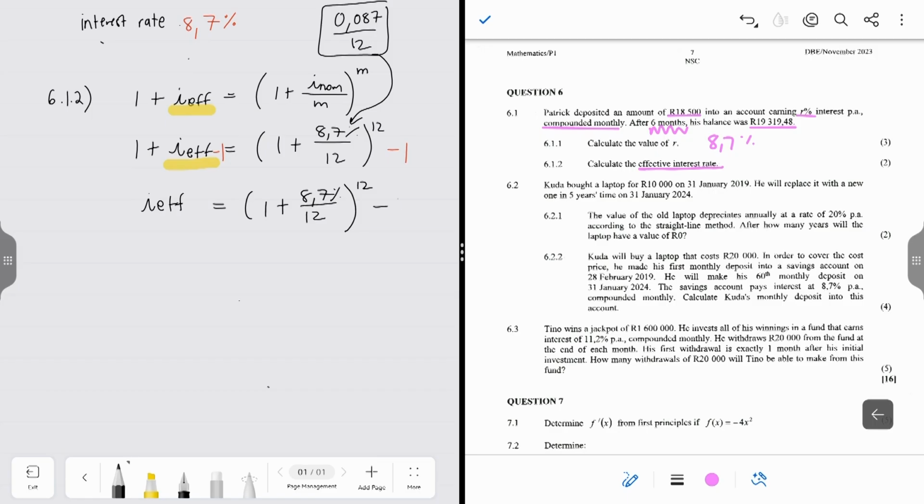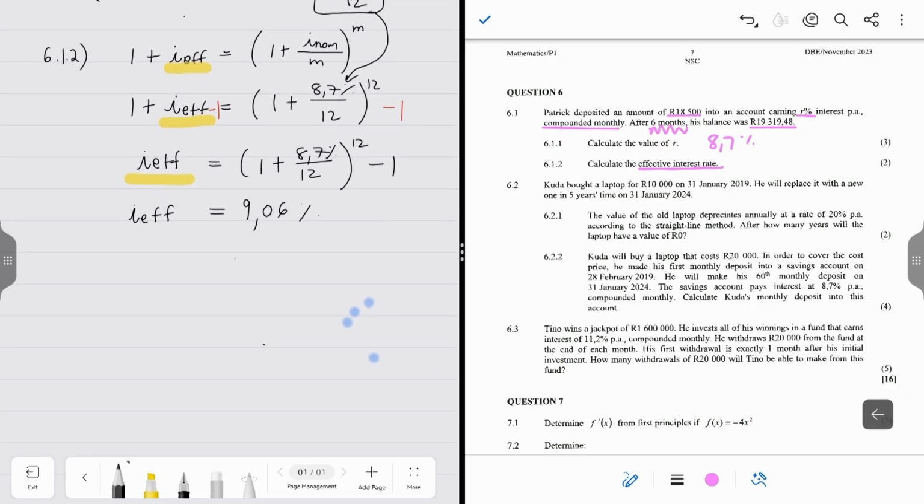Remember, it is monthly, minus 1. And all I do now is simply put this into my calculator, and I will get the value for my effective interest rate. When I put it into my calculator, I get 9,06, and that is a percentage. Remember, if you do not write your answer as a percentage, you will not get the final mark. Let me just make my 9 look like a 9 over there, 9,06%.